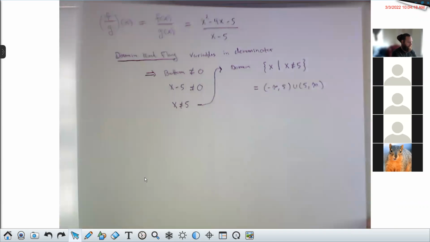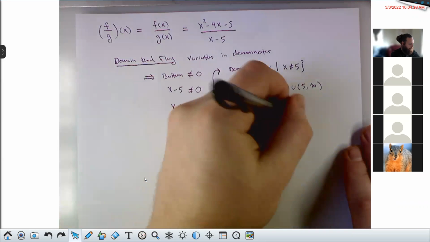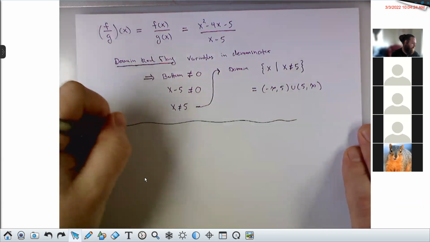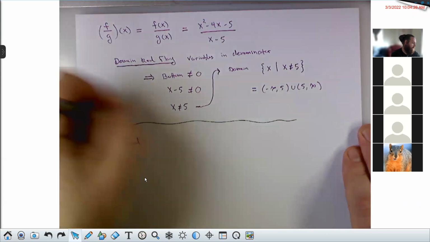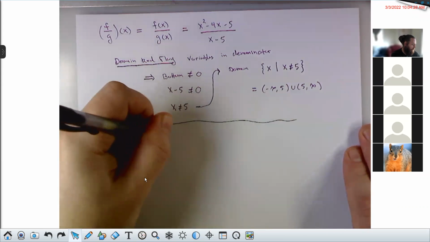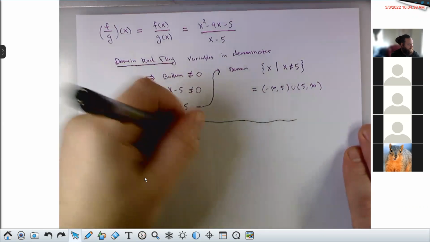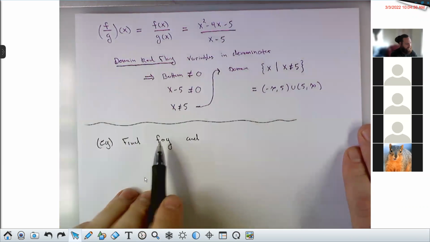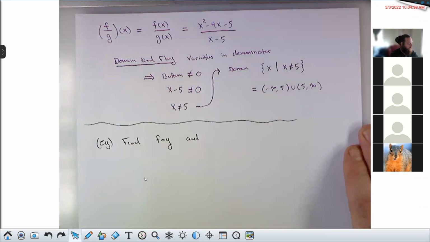I'd like to try something with the composition operator now. Let's find f circ g. This symbol, the composition symbol, you'll hear me say circ, like circle. It's the way it's typed when you type it.